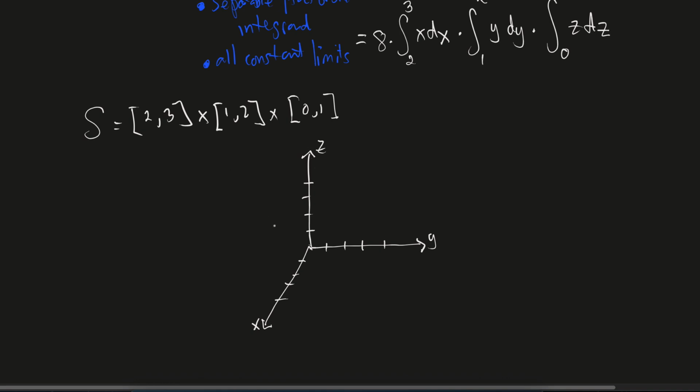So x goes from 2 to 3. So right here, in fact, let me just highlight those intervals. So x goes from 2 to 3. Y goes from 1 to 2. So there. And then z goes from 0 to 1. So right there.